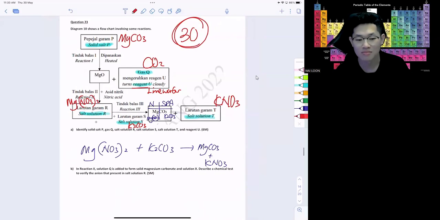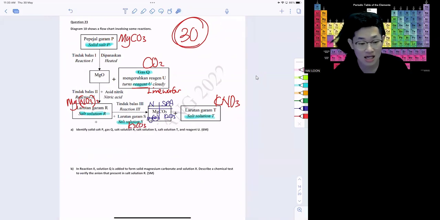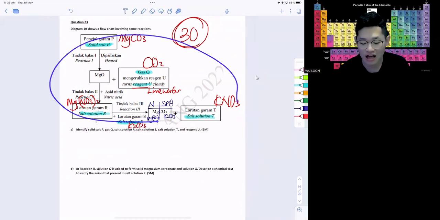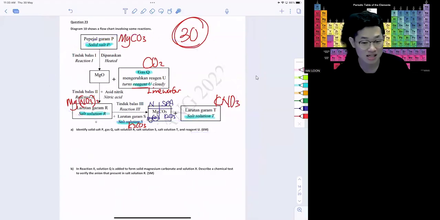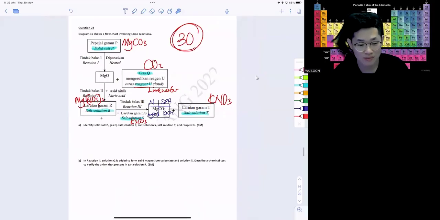So it's quite simple. A question like this, if it comes out in the essay, just identifying all the unknowns, they already give you 6 marks, which is a lot. Okay, now moving on to the next question.